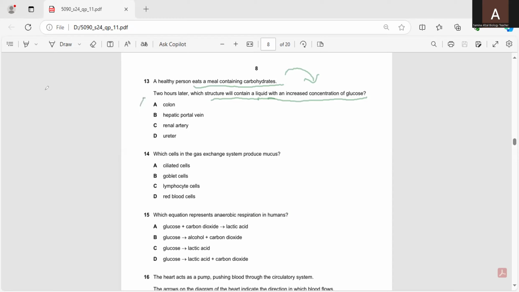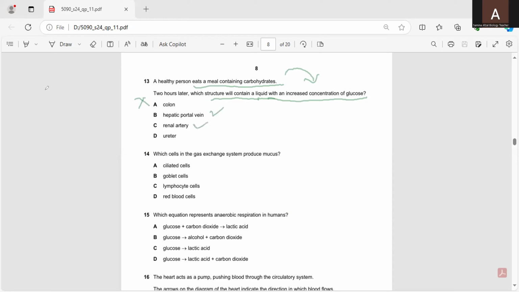So colon, no, because in the ileum the absorption will take place. Digestion and absorption will be completed in the small intestine. So the hepatic portal vein can be the correct option.